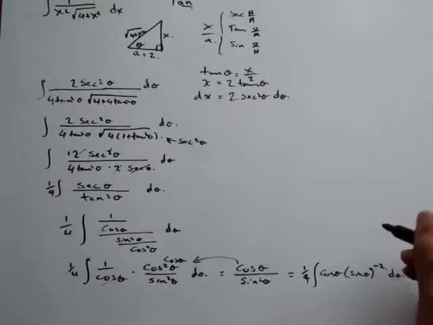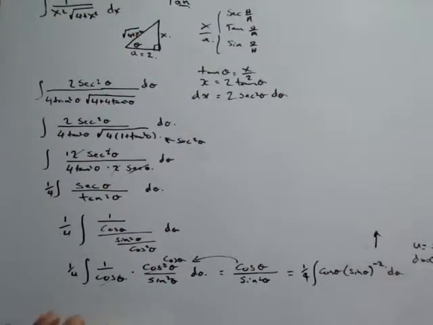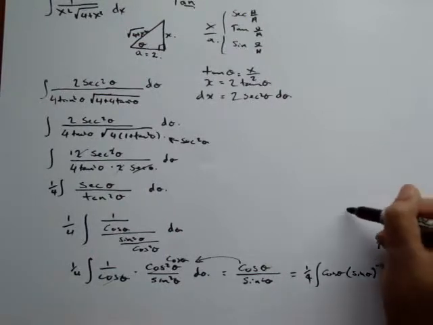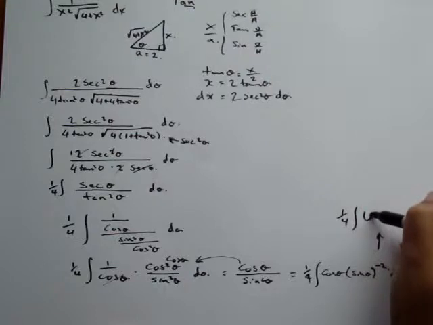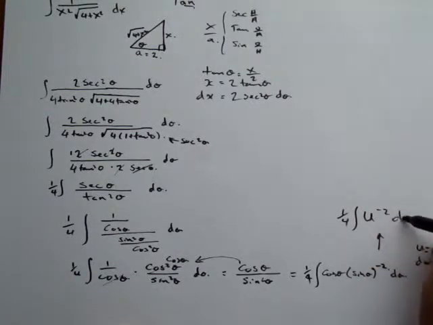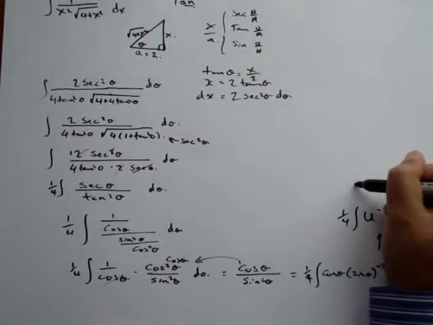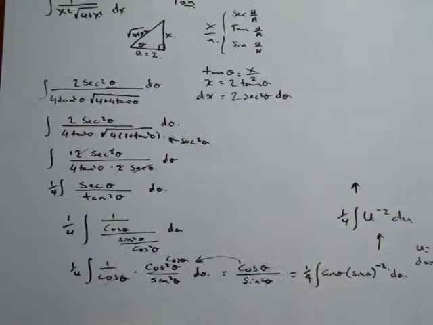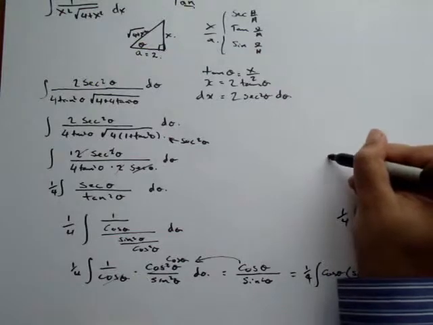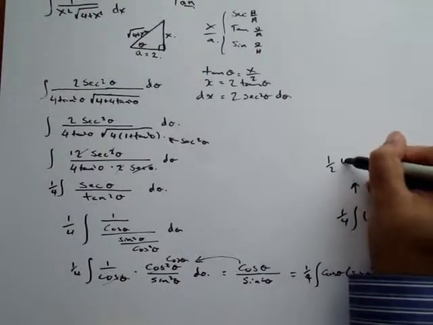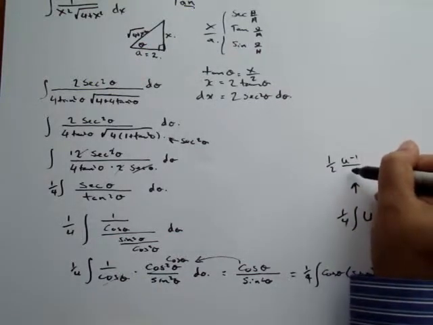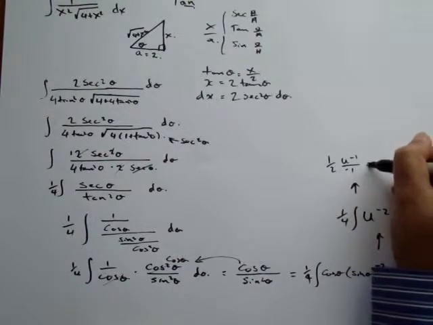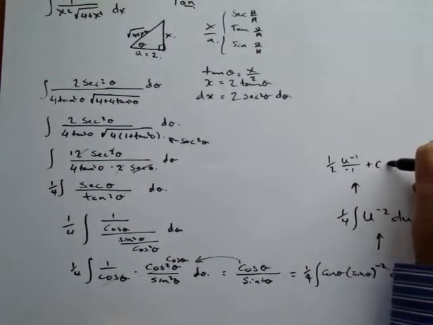When we do this, we get a quarter u to the minus 2 du, and when we now integrate, we get a quarter u to the minus 1 over minus 1 plus c.